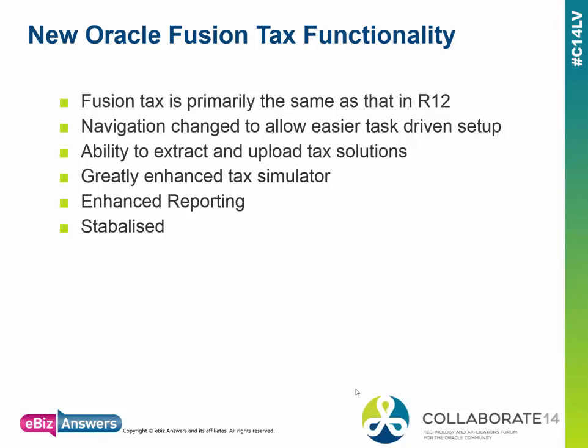So Fusion Tax is primarily the same as it was in R12. The architecture is the same, the way it works is the same. Pretty much the way you set it up and everything else is the same. However, there is changes to the way the navigation works. It's been made more intuitive. There's a big drive by Oracle to simplify. They want to be able to compete more with the smaller ERP companies that don't offer as much, but claim to be able to simplify solutions.